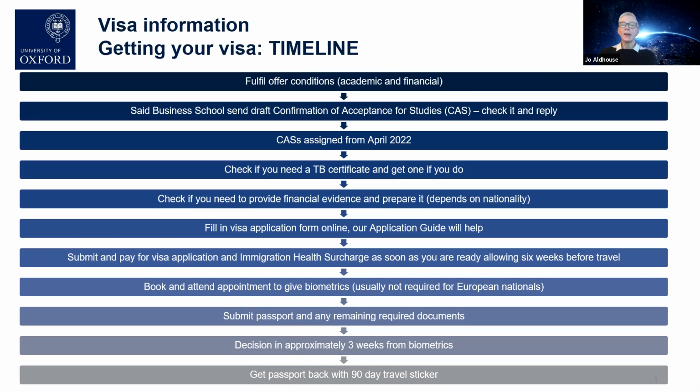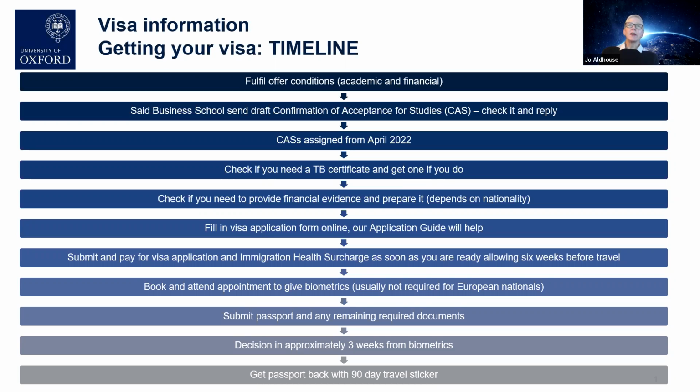I'll just explain what the immigration health surcharge is for. In the UK, we have the National Health Service, which is generally free at the point of use. Paying this immigration health surcharge means that you are eligible to use the National Health Service on the same basis as a UK resident.